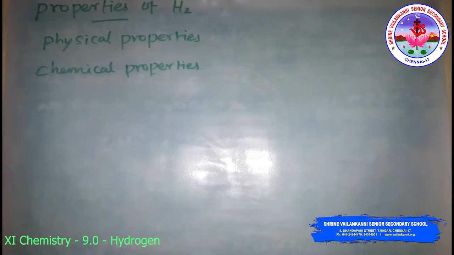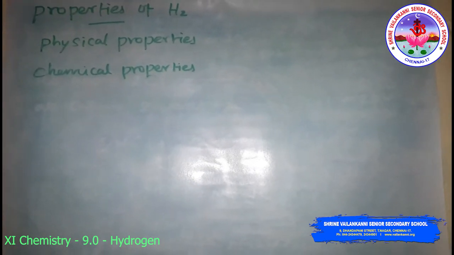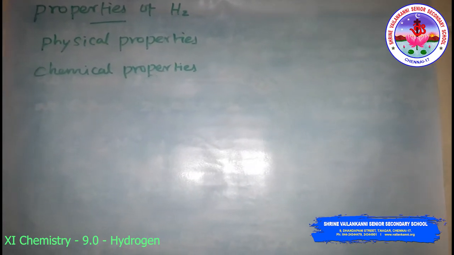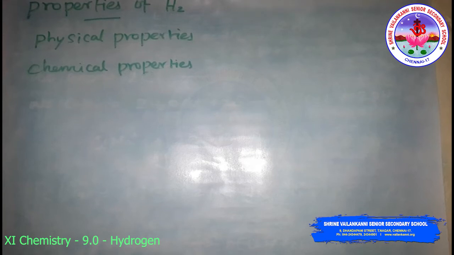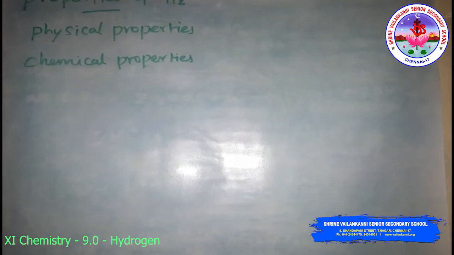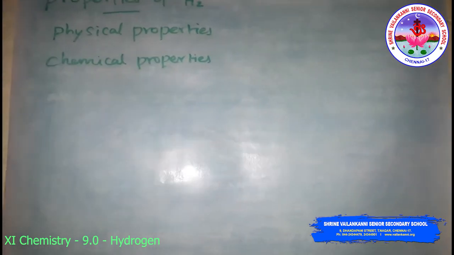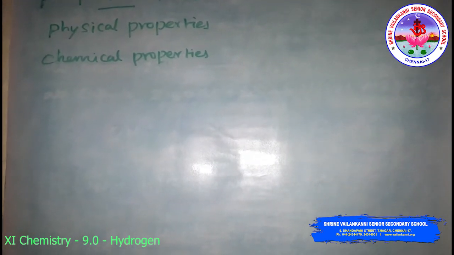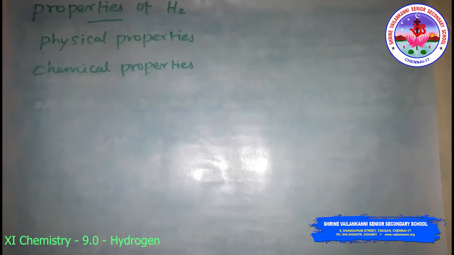The next is the chemical properties. The chemical behavior of dihydrogen is determined to a large extent by its bond dissociation enthalpy. The hydrogen bond dissociation enthalpy is the highest for a single bond between two atoms of any element.